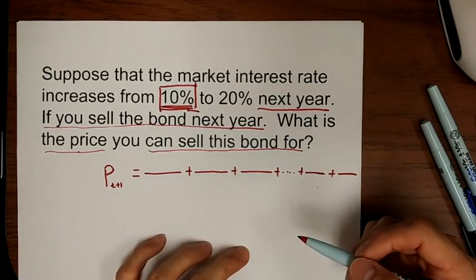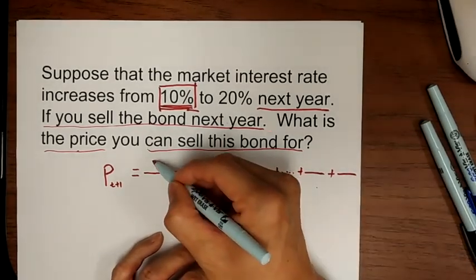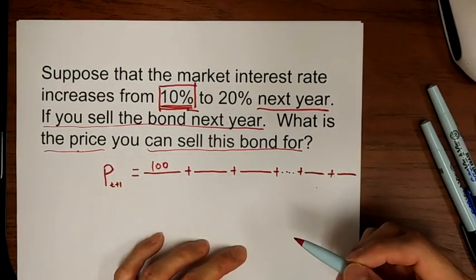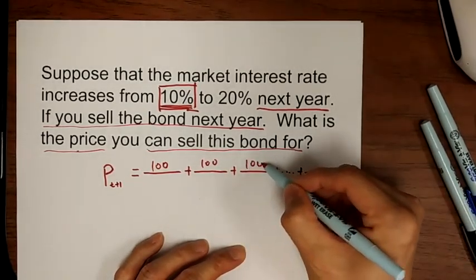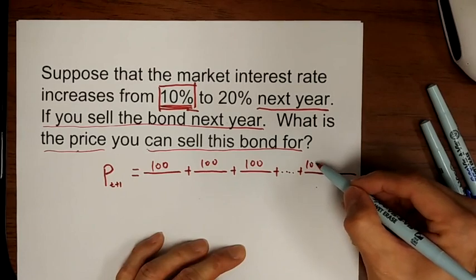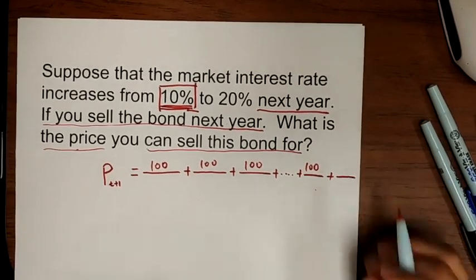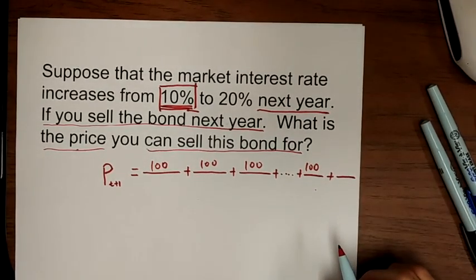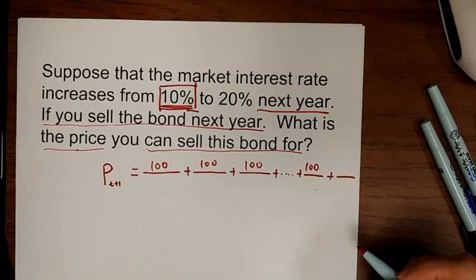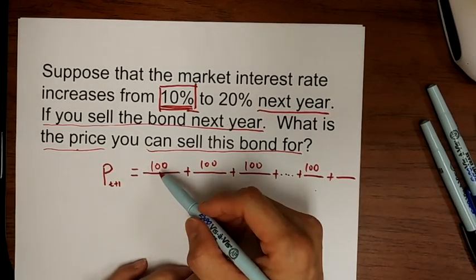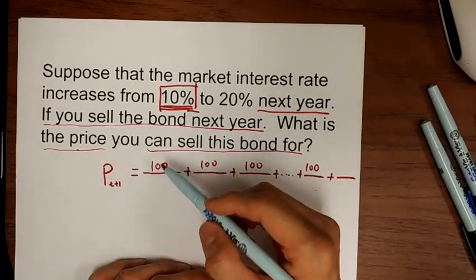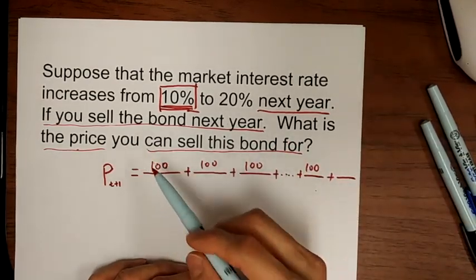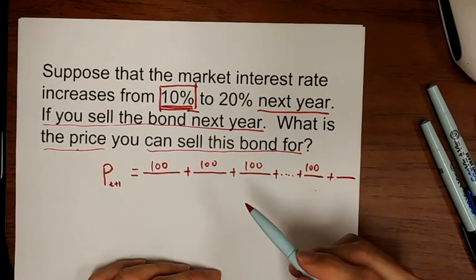How much is the coupon payment? The answer is, again, 10% of 1,000, which is $100, and there are 9 of them. When are you going to get the first? Not you, the guy who buys your bond next year.